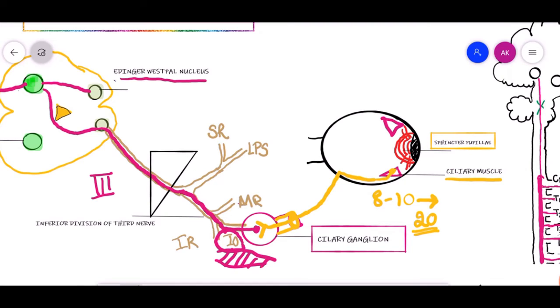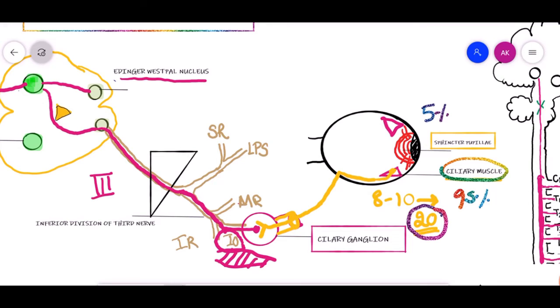Now at this point, it is very important to know that out of these 20 ciliary nerves, almost 95% will be supplying the ciliary muscle, and only 5% of these short ciliary nerves will go and supply the sphincter pupillae.